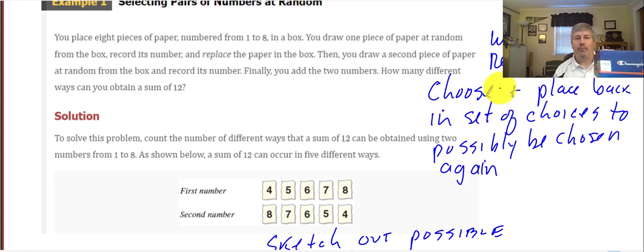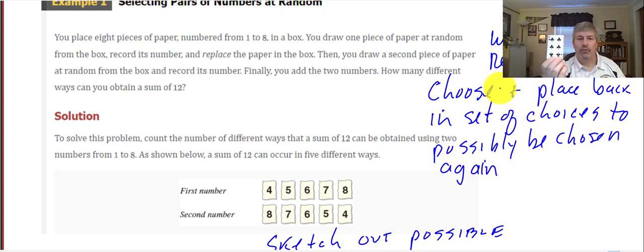In this sample, I'm going to do it with replacement, meaning I pull a number out, 7, and I can put it back in, and I will continue to do that until I get sums of 12 out of the 2 cards.